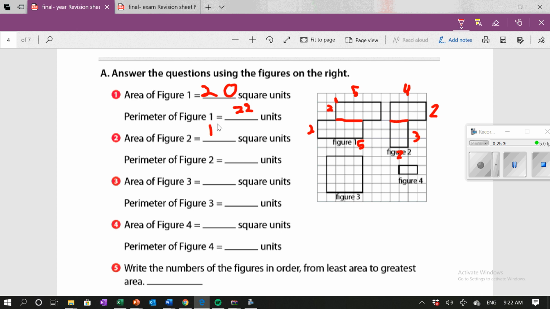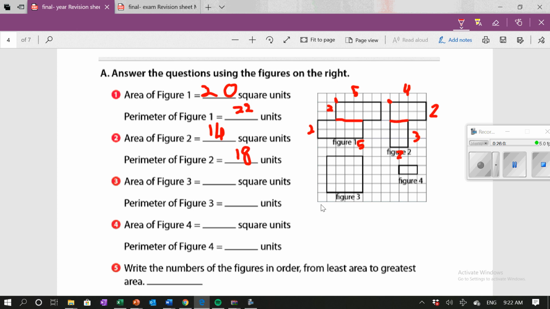Yes, perfect. 14. If I want to find the perimeter, make a starting point. 1, 2, 3, 4, 5, 6, 7, 8, 9, 10, 11, 12, 13, 14, 15, 16, 17, 18.